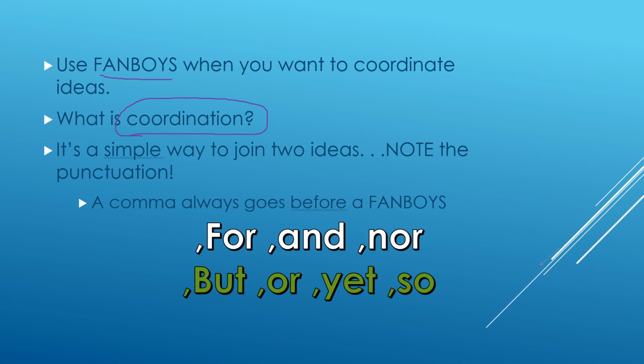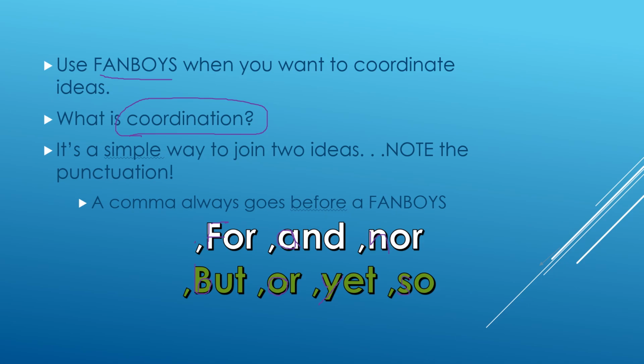So fanboys is a mnemonic device to remember what it stands for. F is for "for," the A in fanboys is for "and," the N is for "nor," the B is for "but," the O is for "or," the Y is for "yet," and the S is for "so."